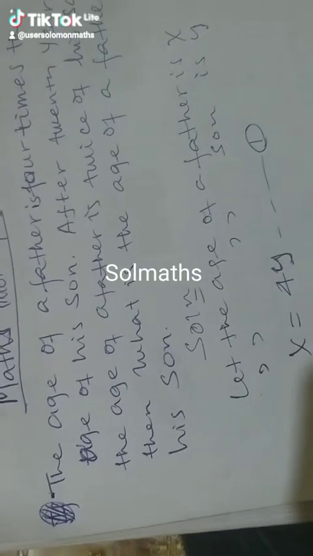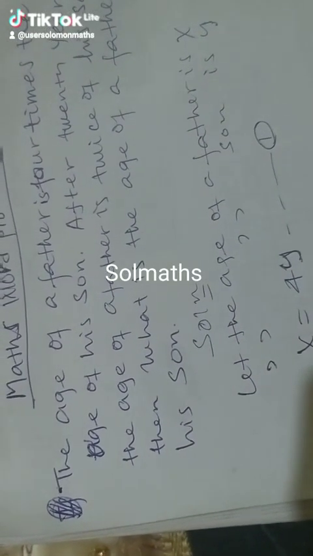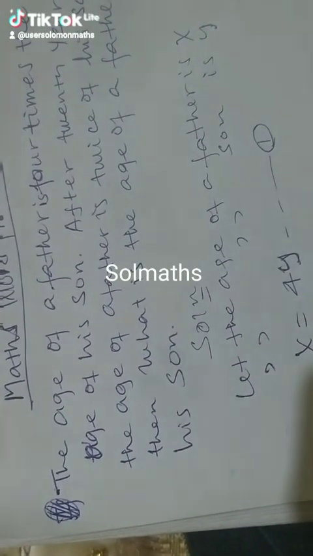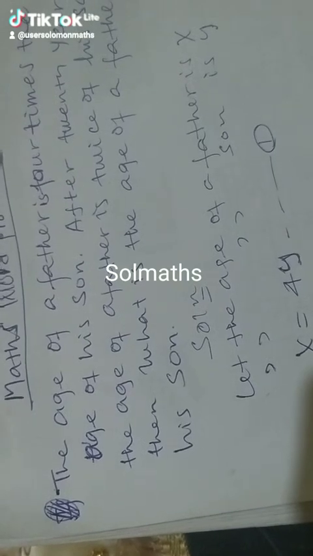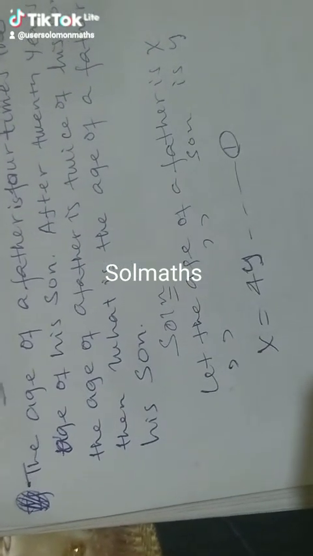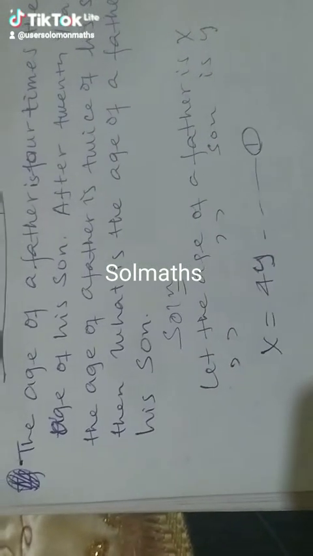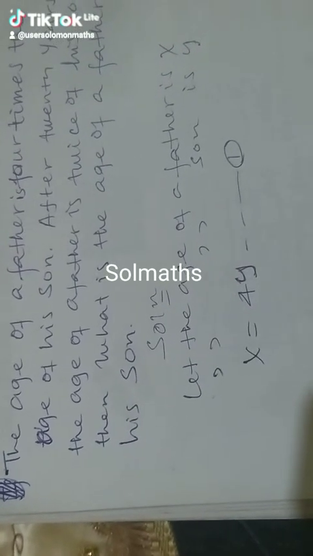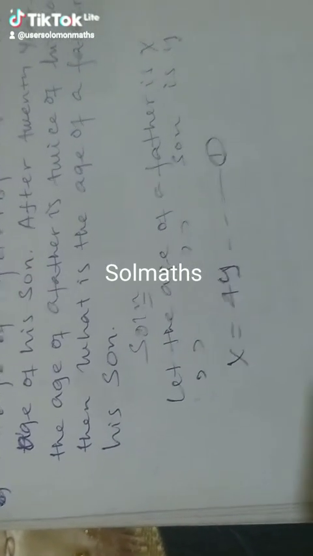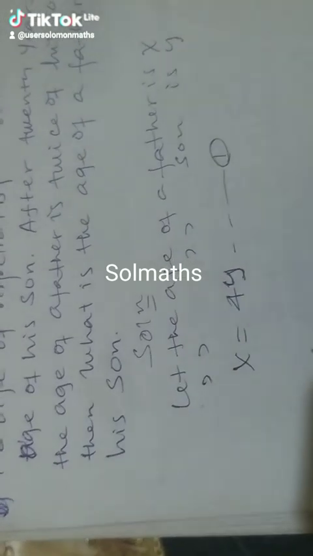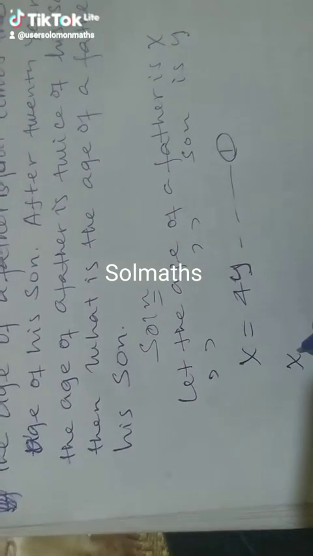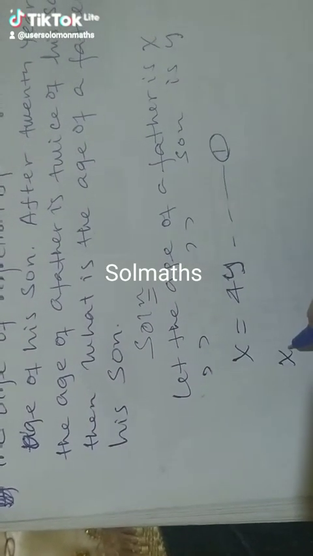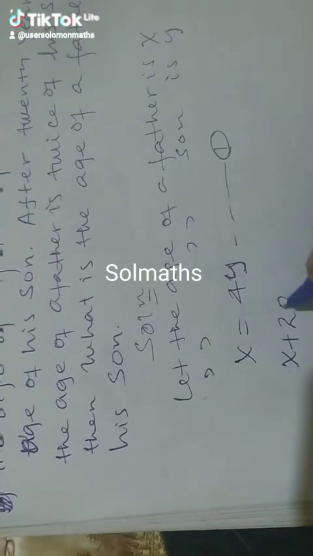The second equation: the present age of the father is X, the present age of his son is Y. After 20 years, the age of a father will be X plus 20.